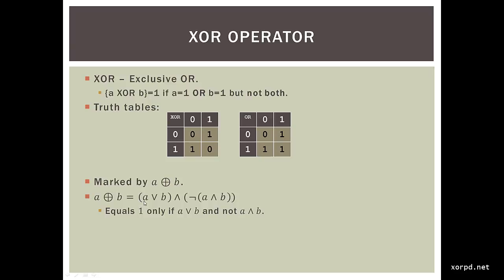It actually equals (A or B) and not (A and B). Basically, if we turn it into words, it means that XOR of A and B equals 1 only if A or B and not A and B.